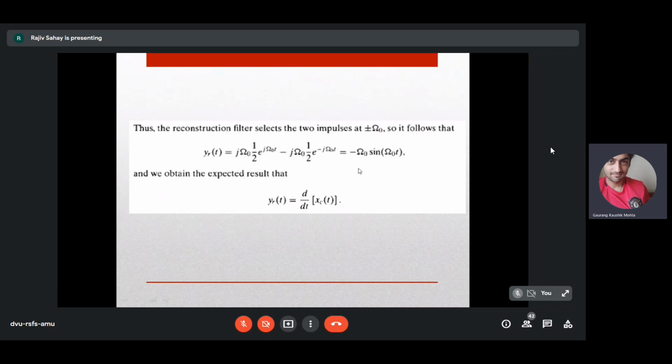This is actually a linear system, and you are able to achieve differentiation by using the impulse response of the band limited differentiator. I hope everyone has understood this example.